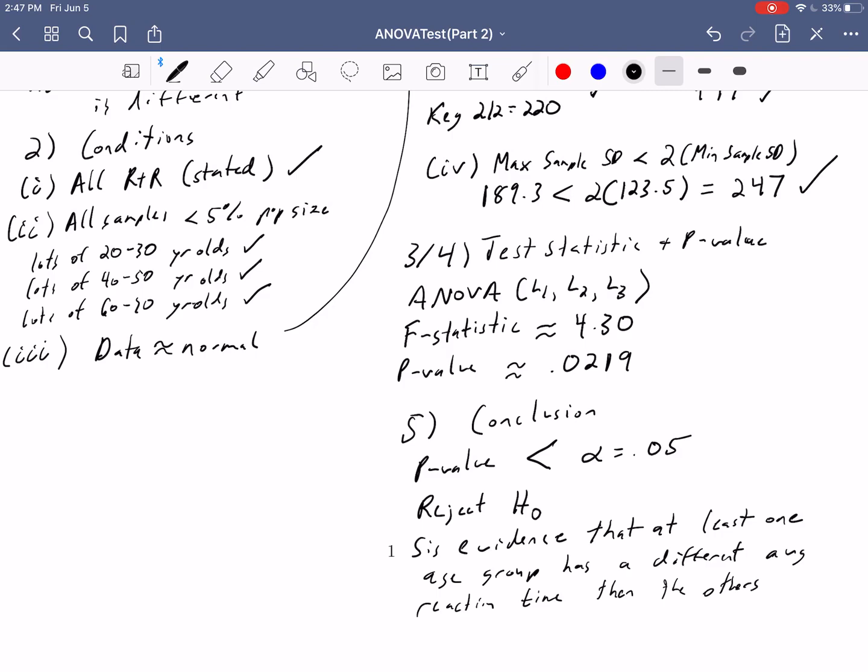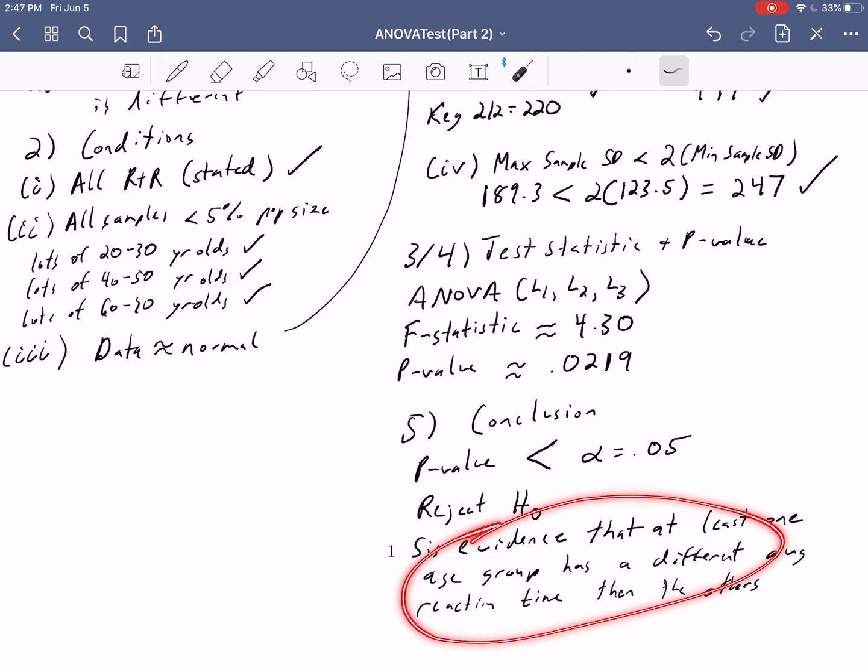All right, so we're saying that at least one of the 20 to 30-year-olds, 40 to 50-year-olds, or 60 to 70-year-olds has a different average reaction time than the other groups. Could be that they're all different, could just be that one of them is different from two of them. Don't know. We just know that there's at least some difference amongst these three age groups and their average reaction time.